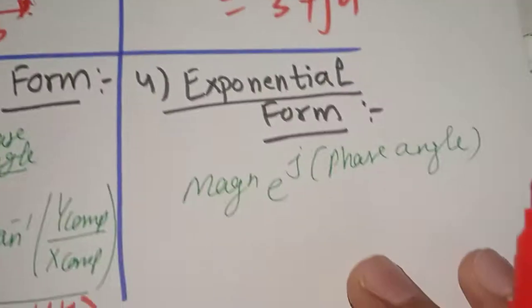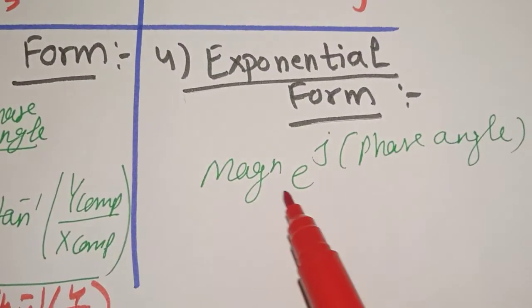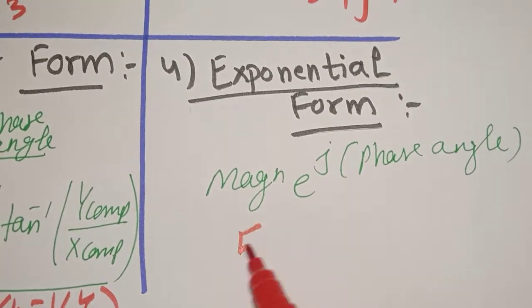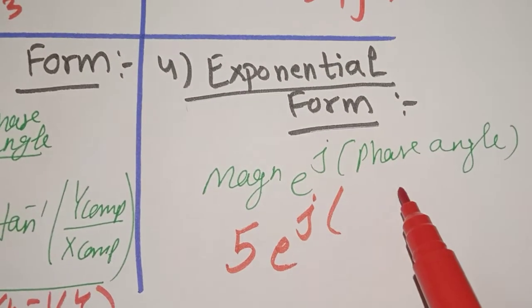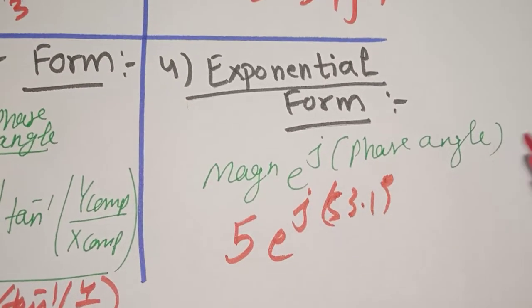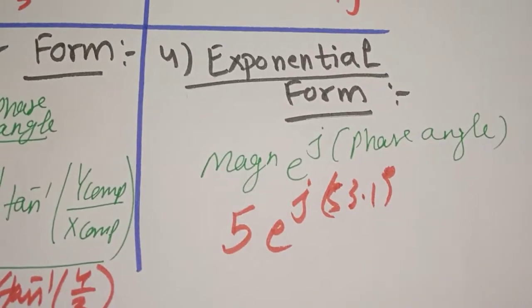Now the last form is the exponential form. It is written as magnitude times e to the power j times phase angle. So magnitude is 5, e to the power j, phase angle is how much? 53.1 degree, right? So this is all about the different forms.